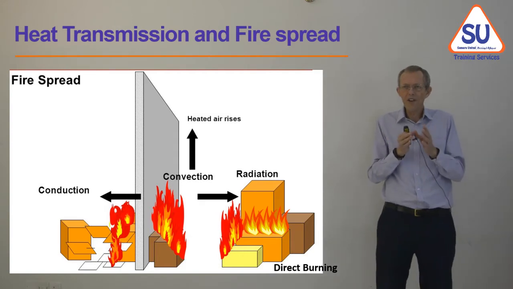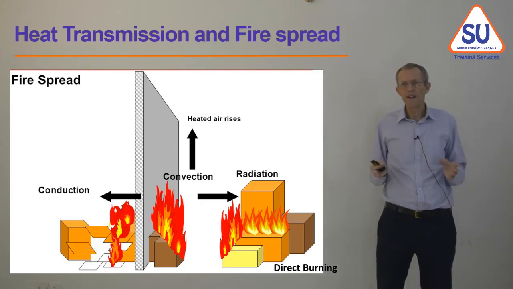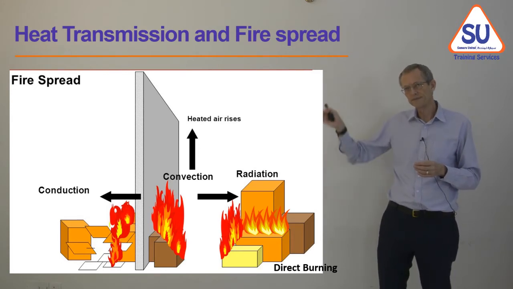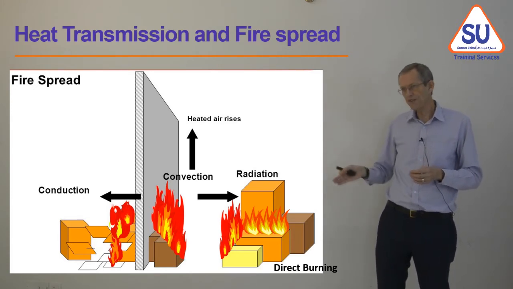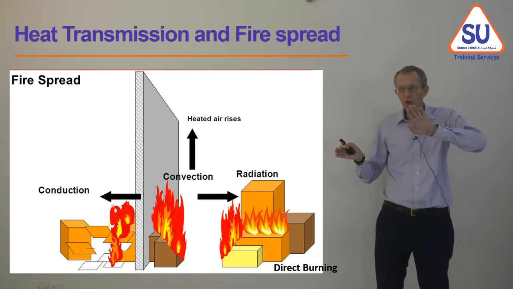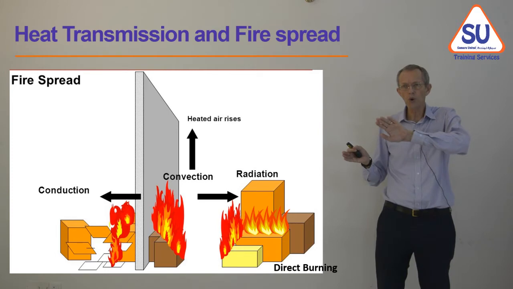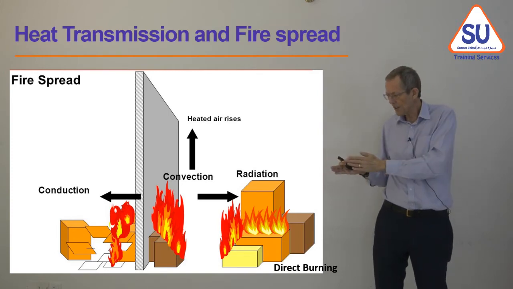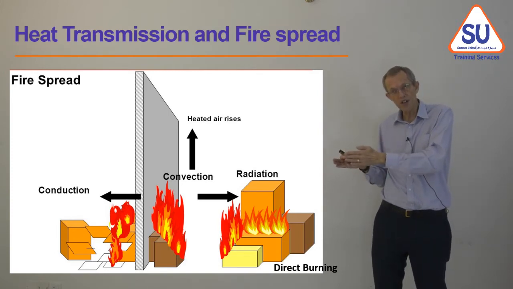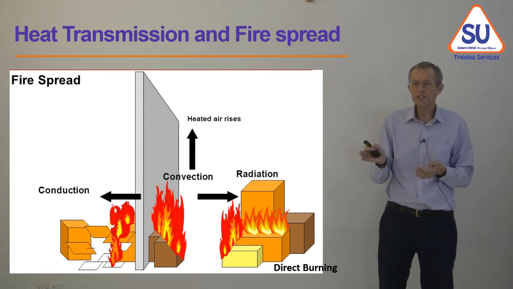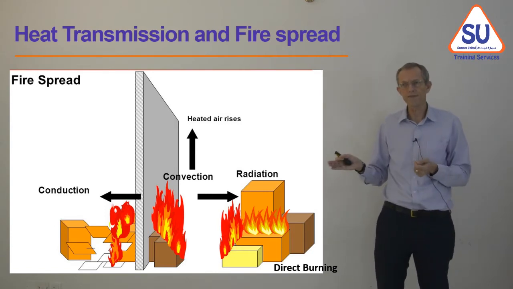Let's think about how the fire and heat spread. So the fire is burning next to the wall. Some of that heat from the fire will travel through the wall, and we call that process conduction. It conducts the heat through the wall, and because the fire is on one side, the other side also gets hot. If it gets hot enough and there's material against the wall, the material on the other side will catch fire because the heat has been conducted through the wall.